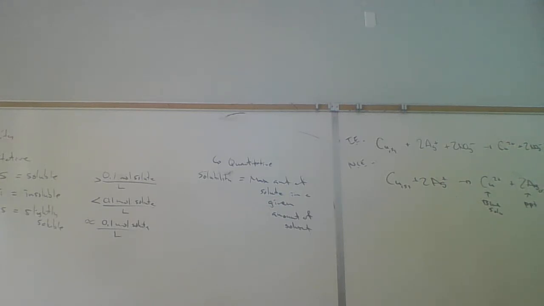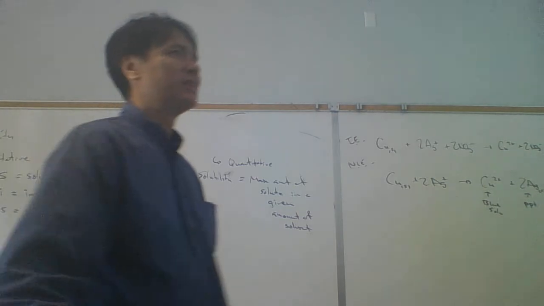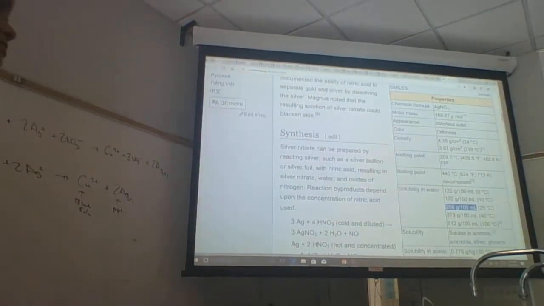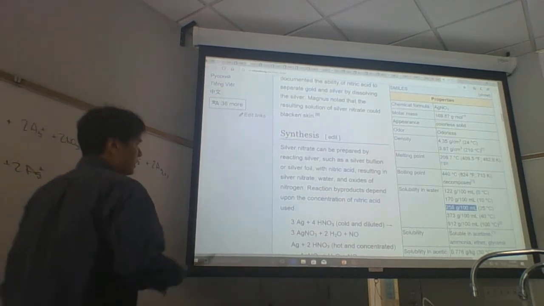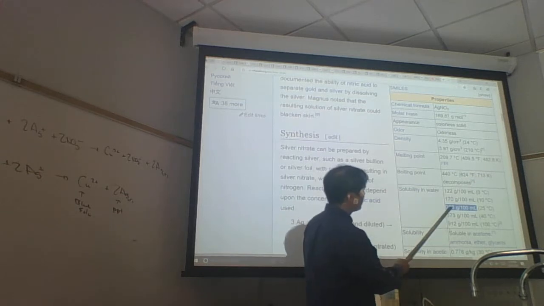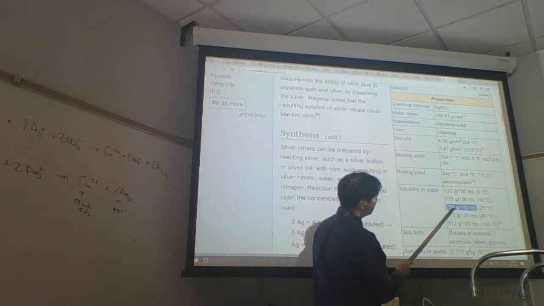Is that more soluble or less soluble? Well, it depends, because a mole of sodium chloride is 55 grams. A mole of silver nitrate is like 140 plus. Silver alone is 107, 108. And then you have the nitrogen, another 14, and then 3 oxygens. So it adds up. And so it depends. If you look at it on a gram basis, then yeah, because on a gram basis, we can dissolve 2,560 grams in a liter.